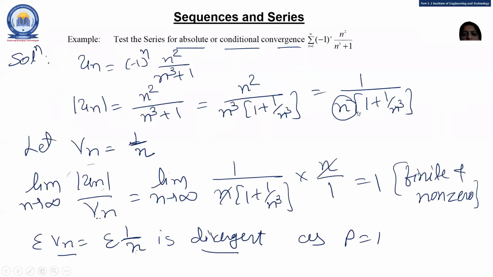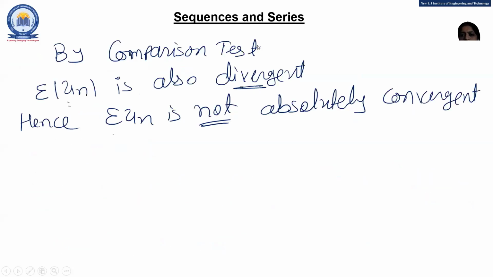But now we'll check whether the series is conditionally convergent or not. It is not absolutely convergent, so we'll check for conditional convergence. For that, let's check for the convergence of Un.